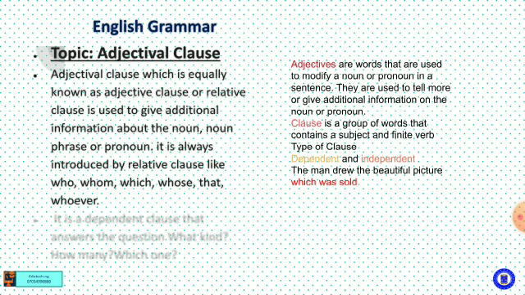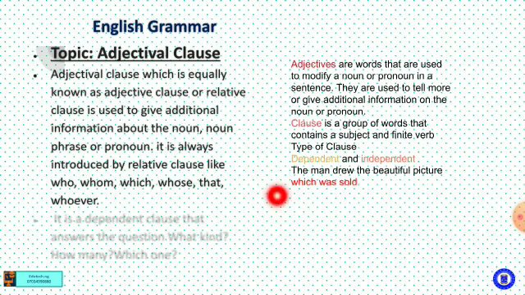They function as what? Adjectives, but they are not one word, they are not two words, they are a group of words that contains a subject and what? A finite verb.